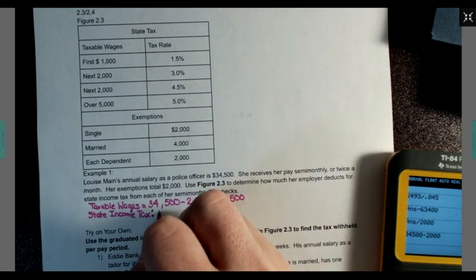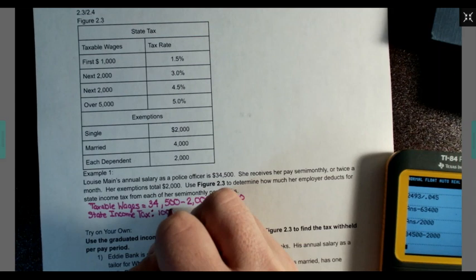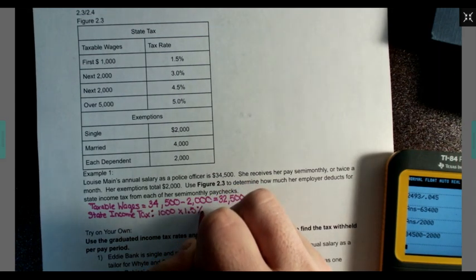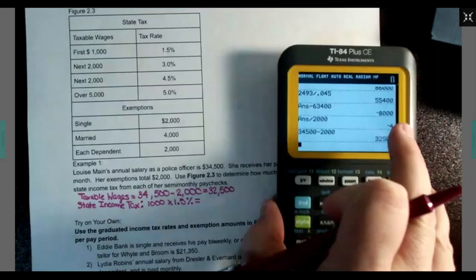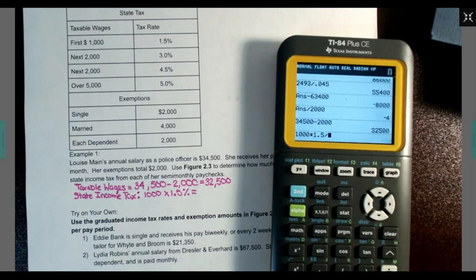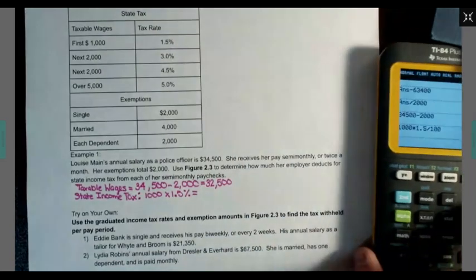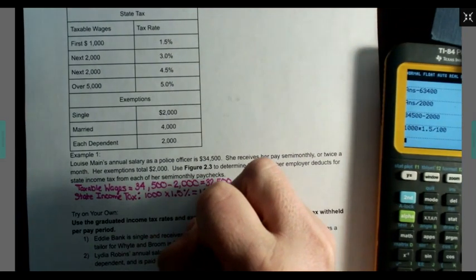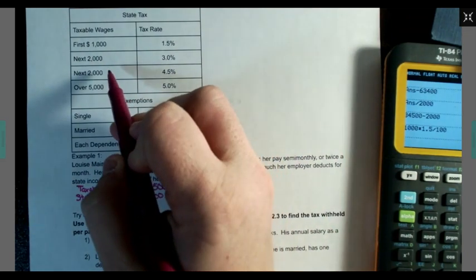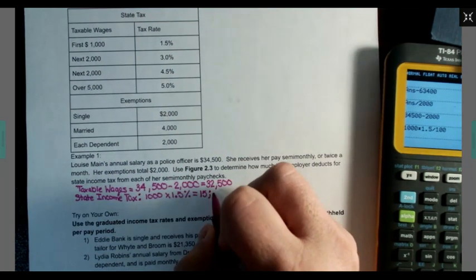The first level says you're going to take $1,000 at 1.5%. Well, 1,000 at 1.5% is going to be $15. The next 2,000 is at 3%.